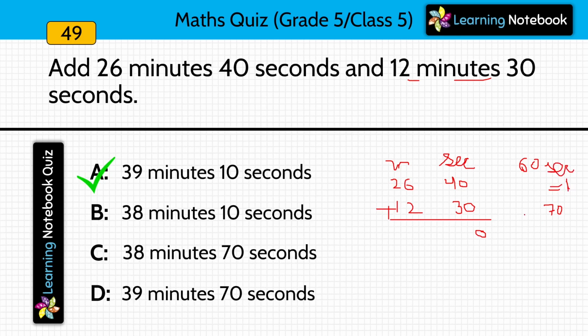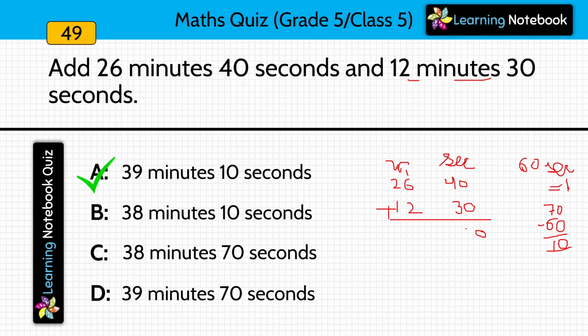So instead of writing 70 here, we will do 70 minus 60. This 60, which equals 1 minute, will be carried over here. I have carried over 1 minute here in this minute column. Okay, and I will subtract 60 from here because I have taken out 1 minute. So 70 minus 60 is 10.